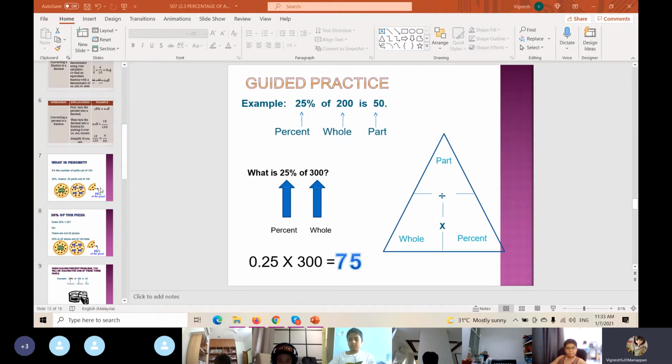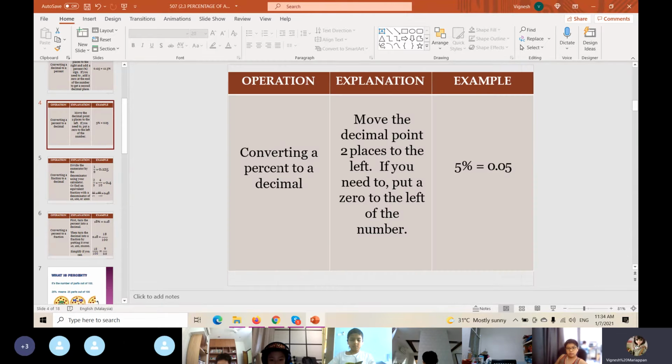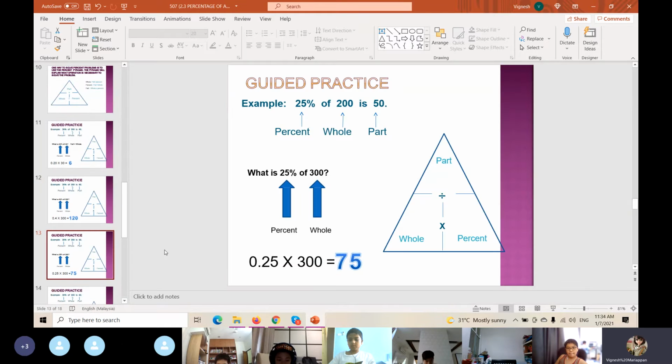Understand or not? Okay, wait, I'll show you. Percentage, you can directly convert to the decimal, correct? Okay, so this is what's happening.